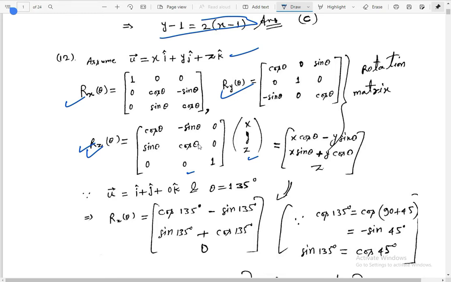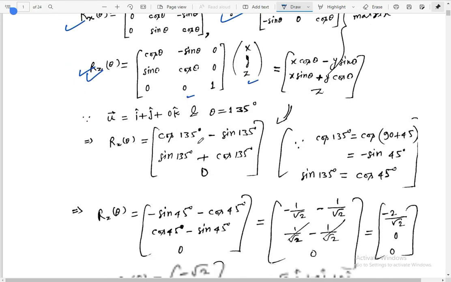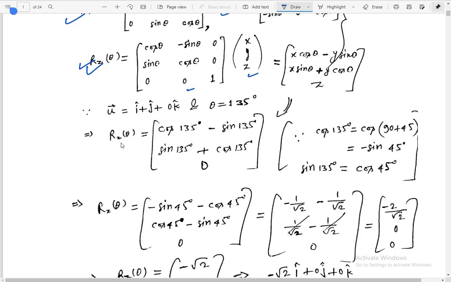Here you can see i plus j, because it is rotation about z axis, so z is equal to 0 and theta equal to 135, that is given in the question. So we apply theta equal to 135 and z equal to 0. Finally we will get this one.